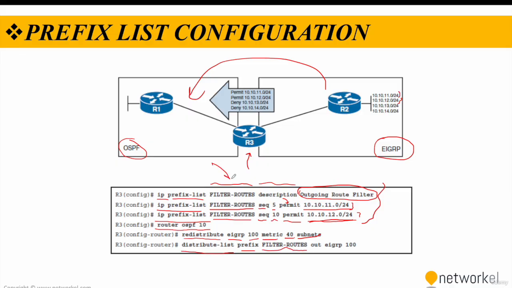That is the prefix list that I defined here. So what all those commands are doing is, when I do the route redistribution from EIGRP to the OSPF domain, I am permitting the 11.0 and 12.0 networks, but I am denying the 13 and 14 networks from being redistributed from my EIGRP domain to my OSPF domain.